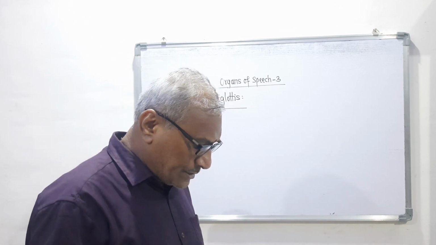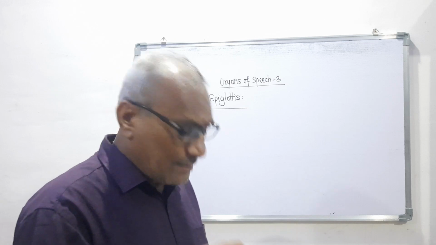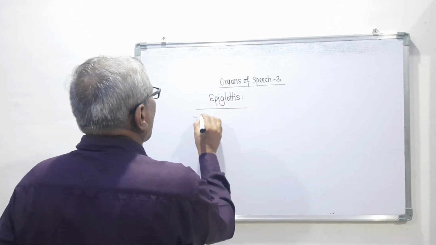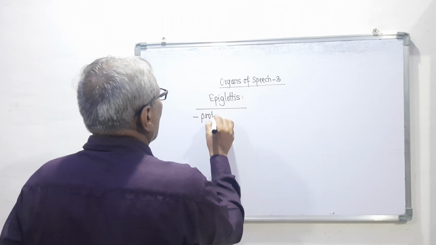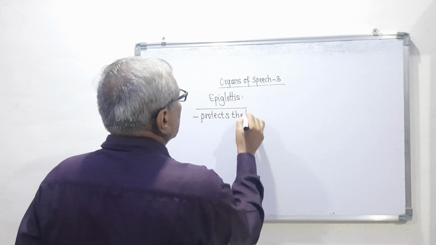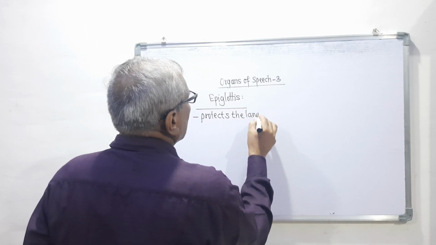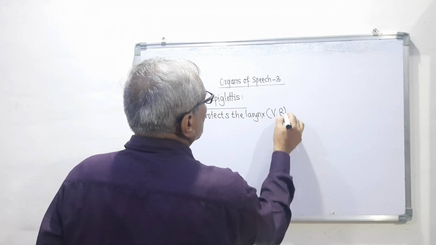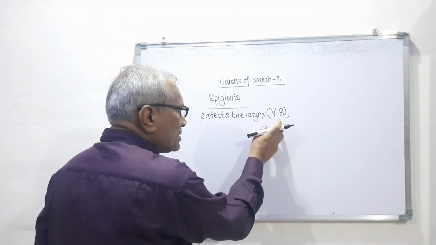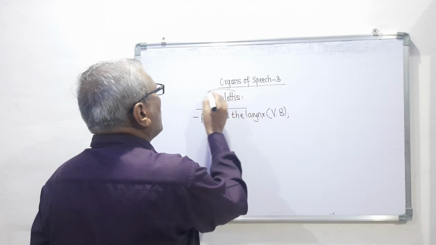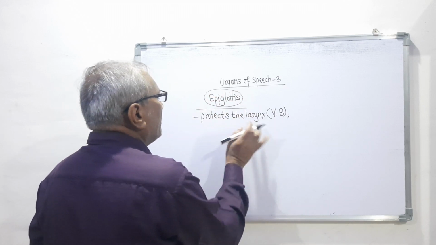The epiglottis protects the larynx. What is the larynx? The voice box. The larynx is the voice box, and this epiglottis protects the larynx.